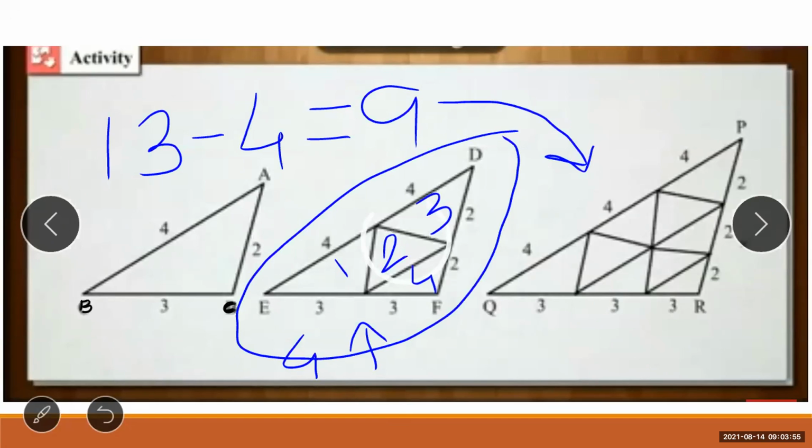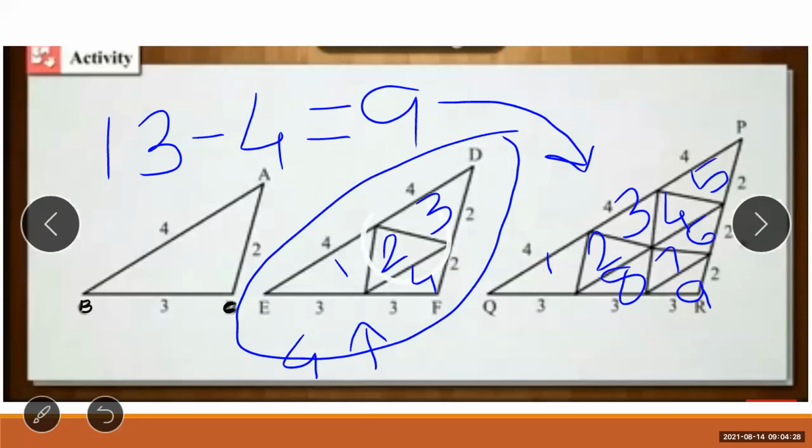See the triangles here, those are 9. 1, 2, 3, 4, 5, this one 6, 7, 8, and this last one, that is 9. So like this, the 13 triangles are used to form 2 triangles.